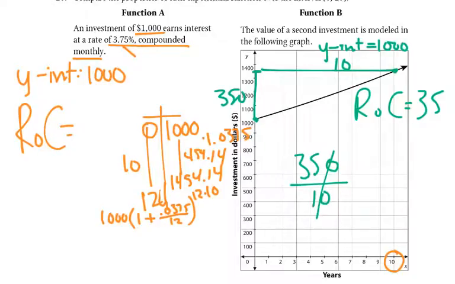So 454.14 divided by 10 would give us 45.41. So we'd be earning, for every year, we'd earn basically $45. Okay? So I'd probably go with A instead of B because you would end up making slightly more money. And over time, even more.